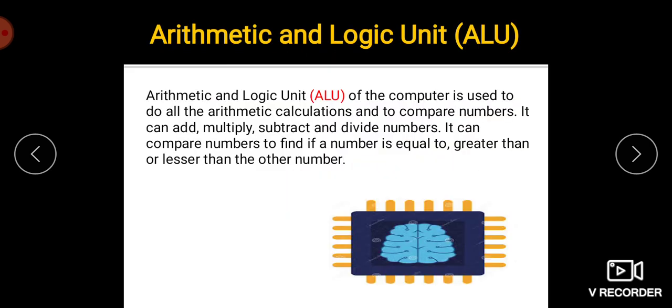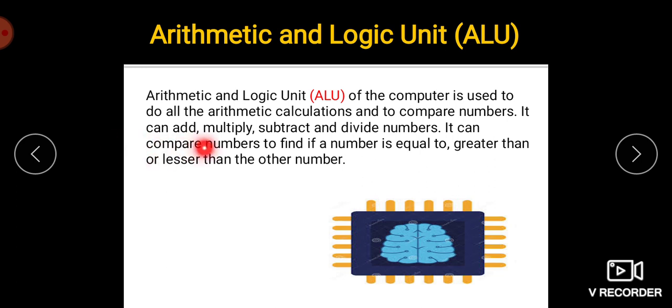Okay. So arithmetic and logic unit, ALU. What does it do? The ALU performs both mathematical and logical operations on the data, and after the information is processed, it is sent to the computer's memory. Arithmetic and logic unit, ALU, of the computer is used to do all the arithmetic calculations and to compare numbers.